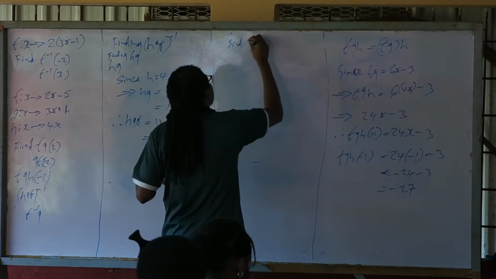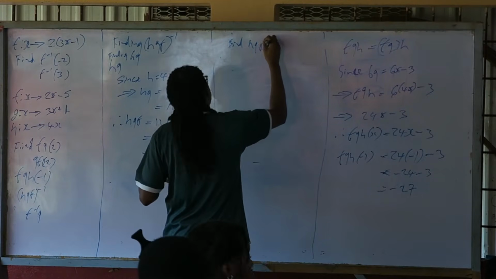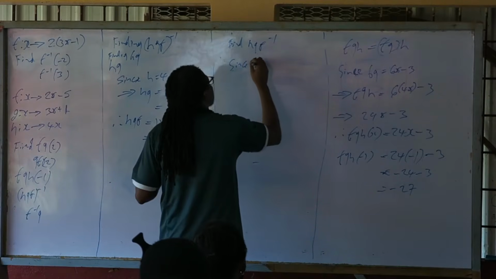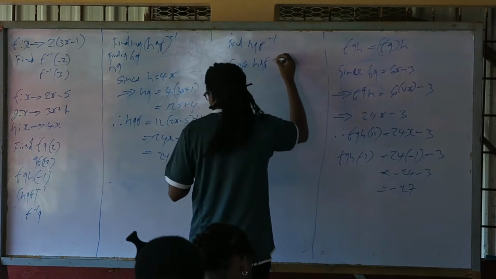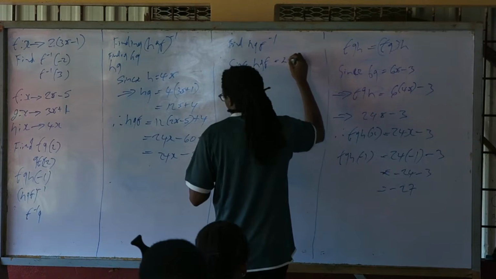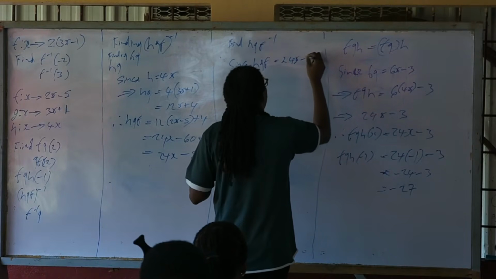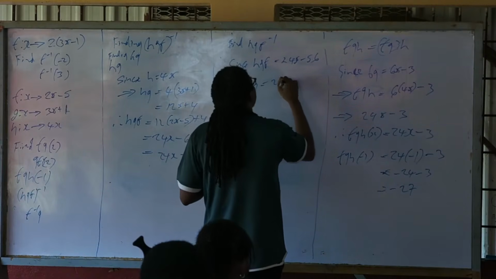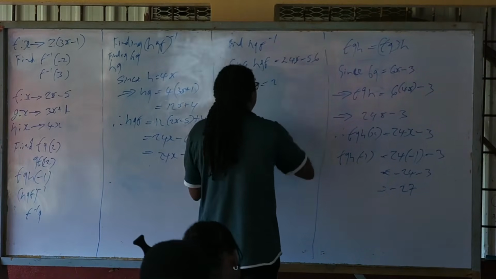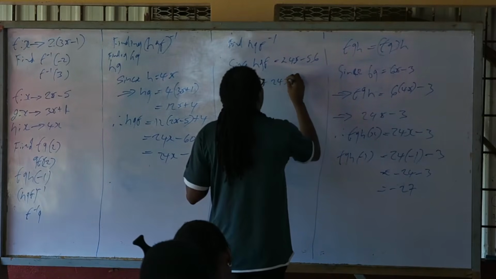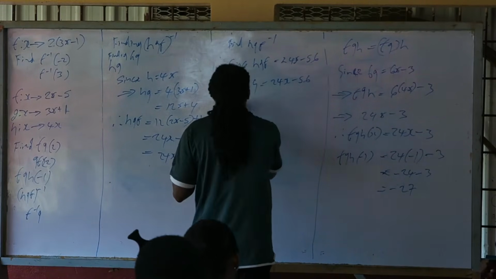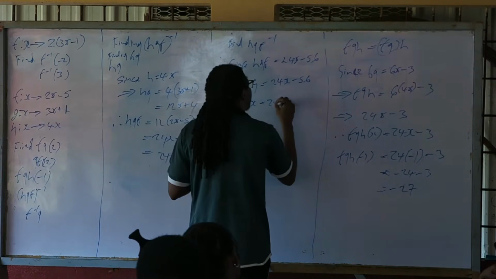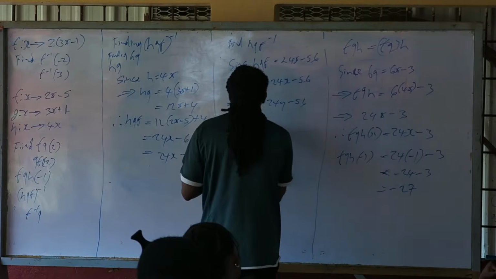Finding h of g of f inverse. Since h of g of f equal 24x minus 56, this implies that y equal 24x minus 56. This implies that x equal 24y minus 56.